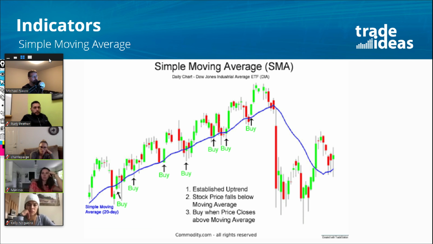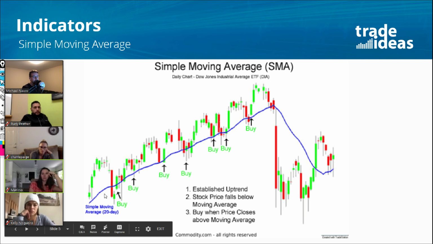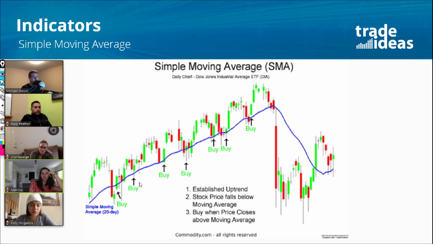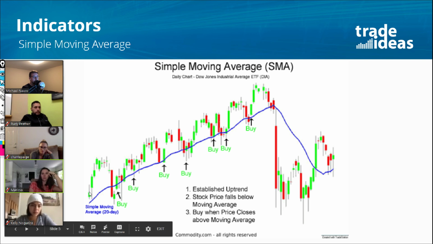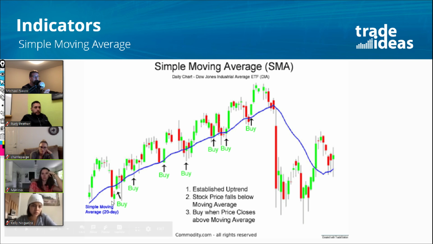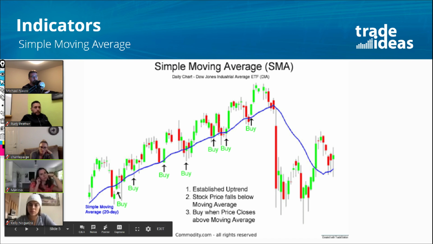And this is what this does, where this blue line is a 20-period moving average of these candles. So essentially what it's saying is I'm going to take the last 20 closes and I'm going to average them out, and this is what this price is going to be. So again, it helps smooth where price is really doing this.